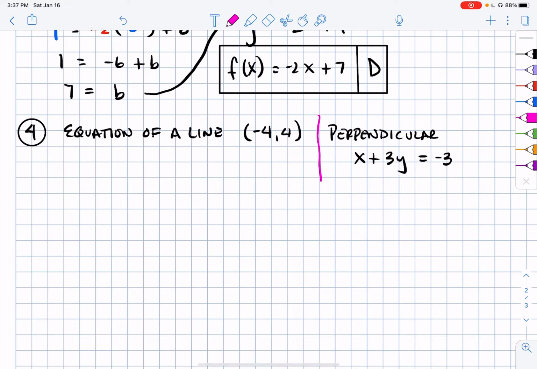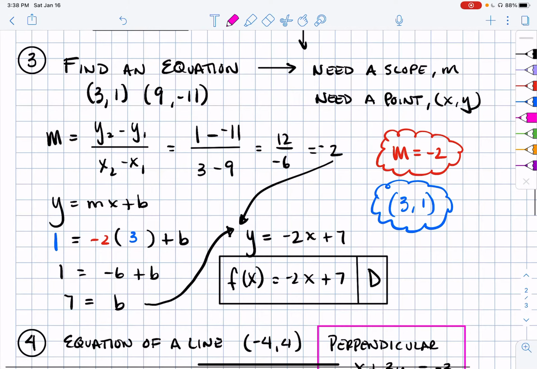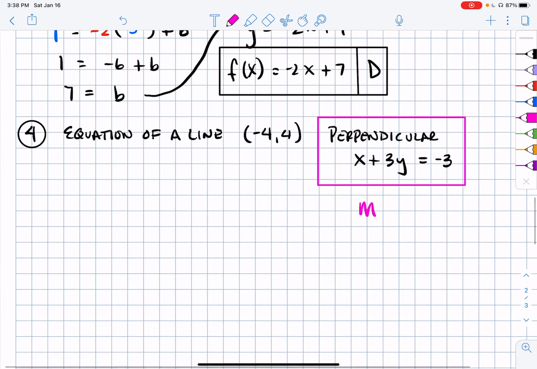So all this is good for is the slope. Like I said in number 3, what we need in order to find the equation is a slope and a point, right? We're given a point. Now we need the slope, and this is what's going to give me the slope.